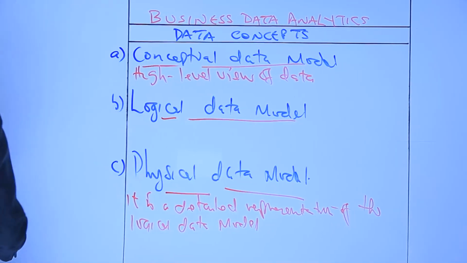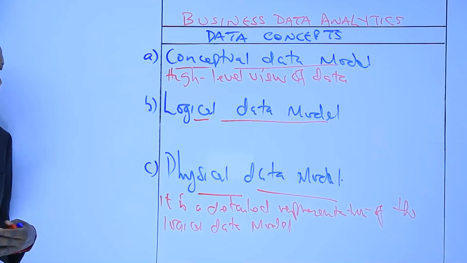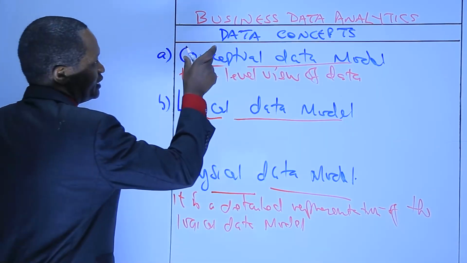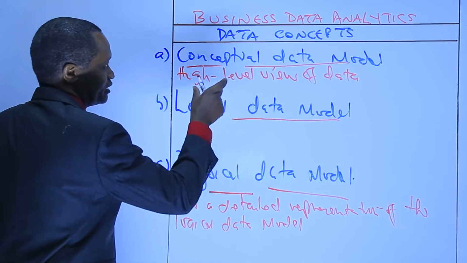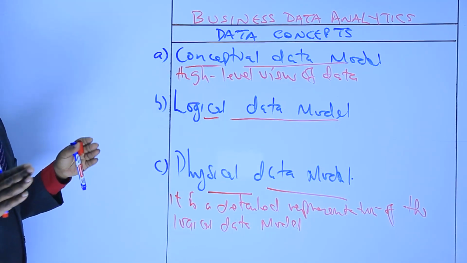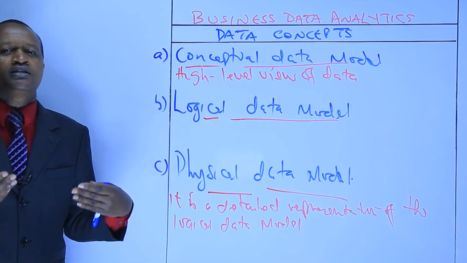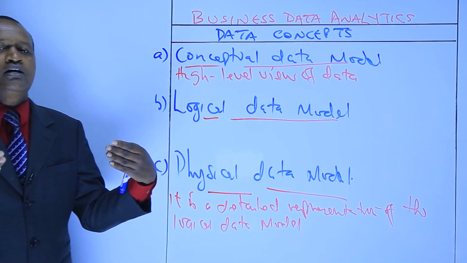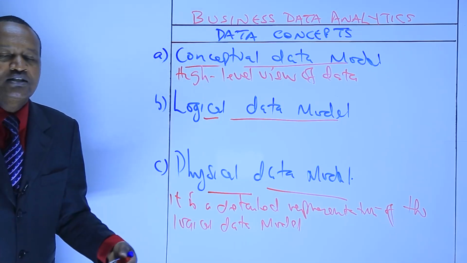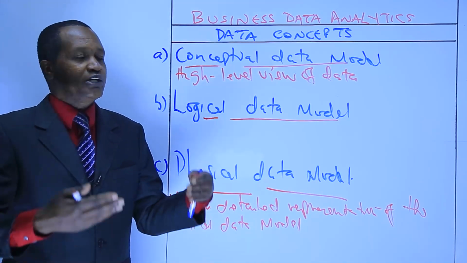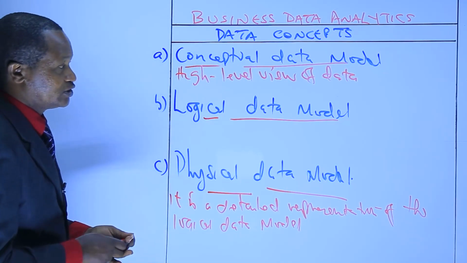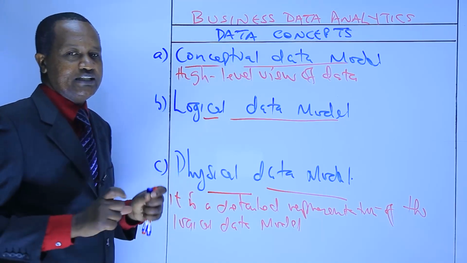Those are very important aspects. All right? The purpose of having these data concepts or data models is to ensure that data is properly organized, properly documented, accurate, complete and consistent, because it is on the basis of data that decisions are made in organizations.